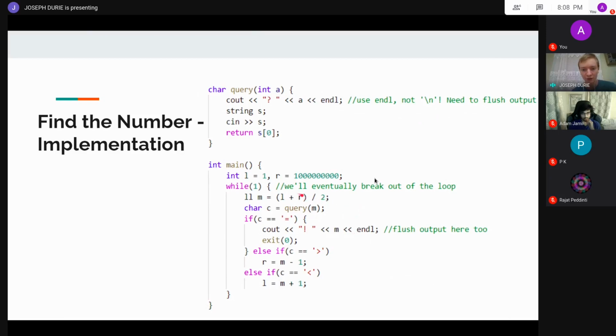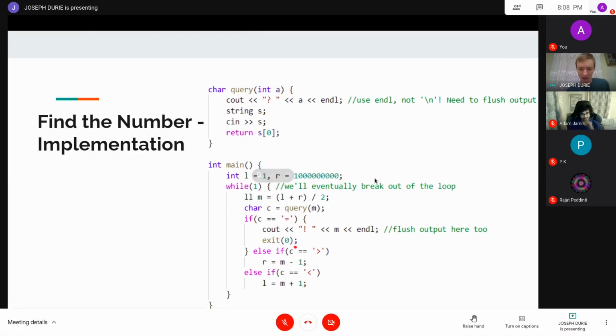So yeah, and then the rest of the code here is basically just a normal binary search where we have our L and our R. And in this case, we can just do a while 1 here, because we know we'll eventually break out of the loop. And then while we're in this loop, we find the middle element, we query the middle, and if that's equal, then we can just print that and exit, which quits the whole program.